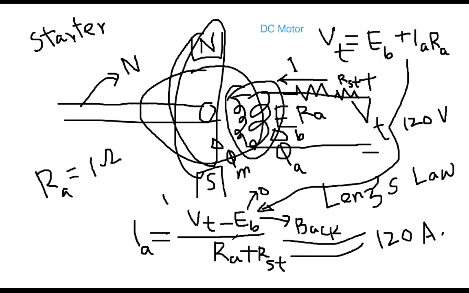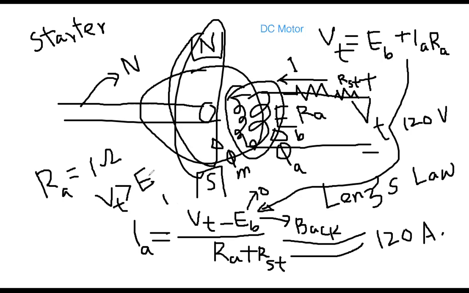And now see, once the shaft has started rotating, your EB has built up. Now see the equation. Gradually, automatically, IA will be small because it is VT minus EB. Of course, the DC motor principle is that VT must be greater than EB.